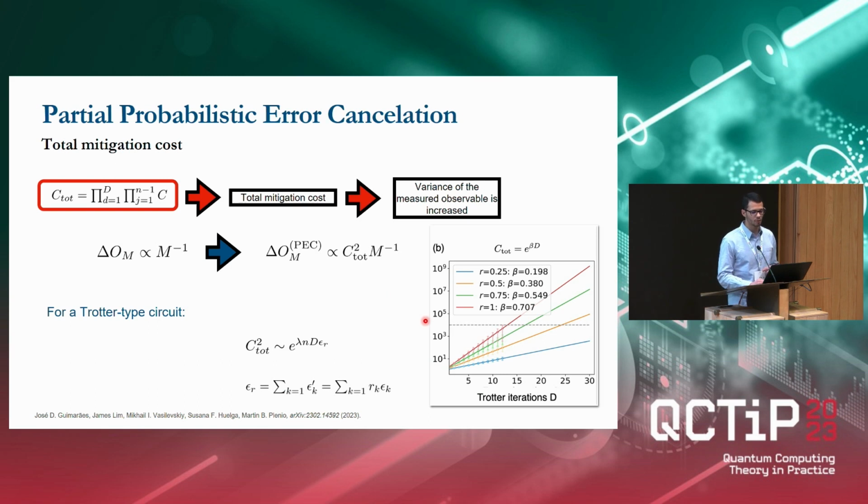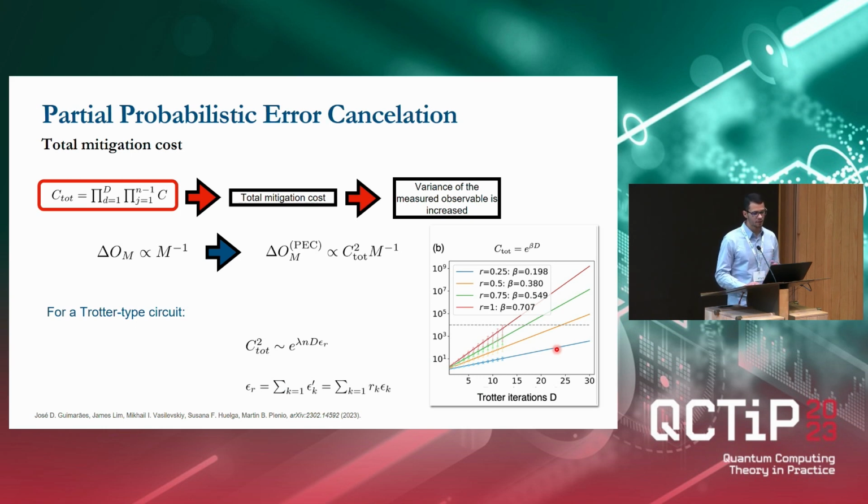And this allows us to choose a smaller R to simulate the quantum system for longer timescales, as here shows. So, which means we can employ a higher number of total iterations D for the same circuit budget.